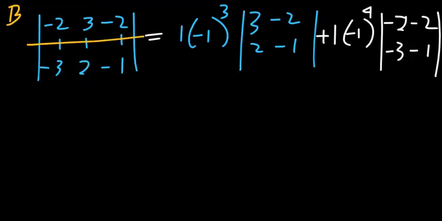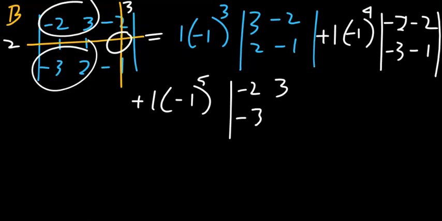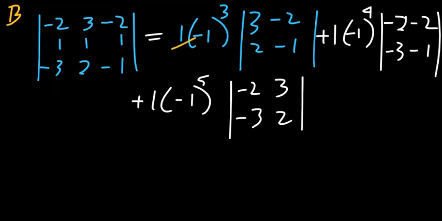And finally, the last term in row number 2. The element itself is 1, so plus 1. The cofactor, this is column 3 and row 2, so 2 plus 3, that is 5. And the 2 by 2 matrix determinant is minus 2, 3, minus 3, 2. So this is minus 1. This is minus 3 minus minus 4, that's going to give you 1. This one here is 1.